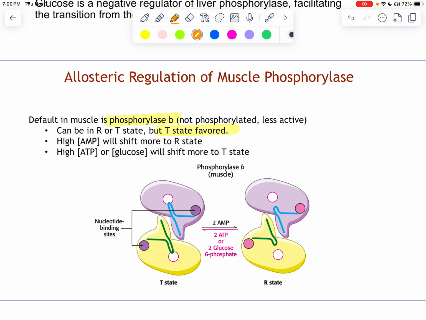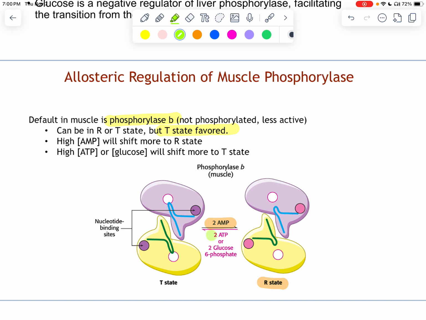If I look right here, if AMP binds that, it's going to shift it to the R state and kind of kick it on. So when we need to make energy, we can break down that glycogen to give us the glucose so that we can work our way through glycolysis, or various metabolic pathways, to give us energy. But we've got to start by breaking down that glycogen.